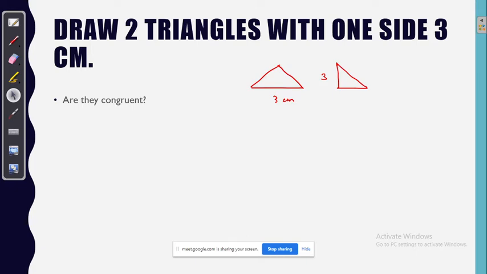Gayatri told me she has finished. So Gayatri, are your triangles also congruent? Yes? Are they congruent?